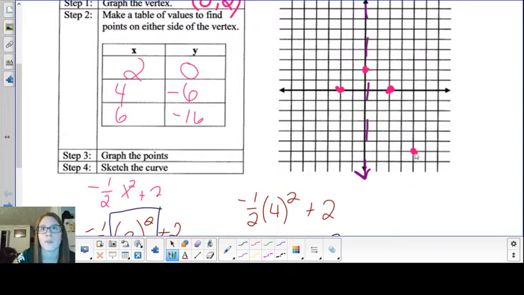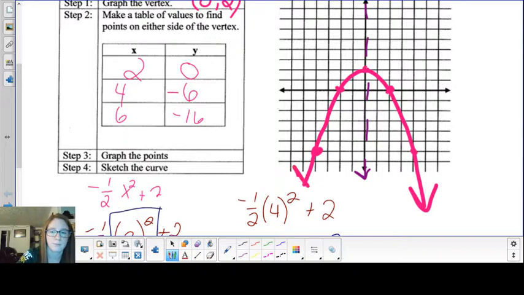If this point is 4 away at -6, then this point is going to be 4 away at -6. 1, 2, 3, 4. And then again, we're going to give my parabola a nice U shape. So not too terrible. Hardest part, plugging in numbers. Oh no.